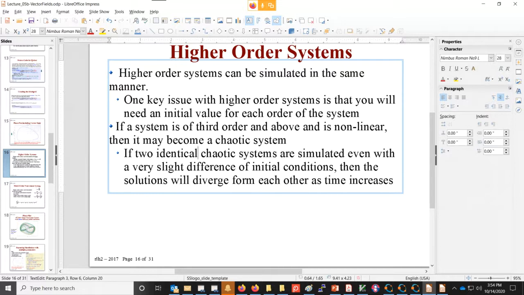But the problem with chaotic systems is that even though they are deterministic, and we can determine how they're going to change with time, their initial condition has a dramatic effect on them. You may have heard this referred to sometimes as the butterfly effect.